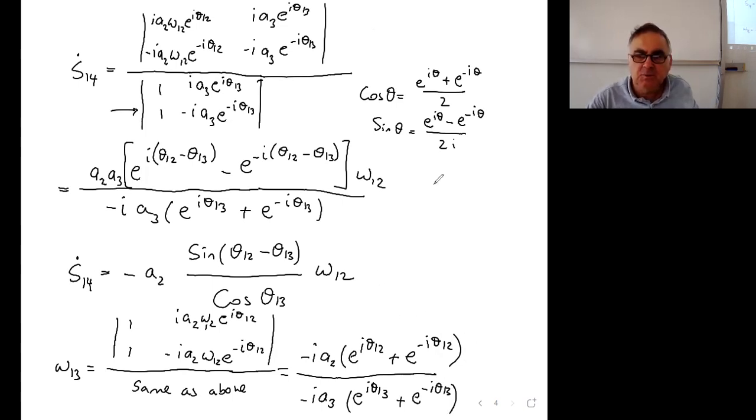And if you again use the trigonometric identities, let me write it here. Omega 1 3 can be written as A2 over A3.